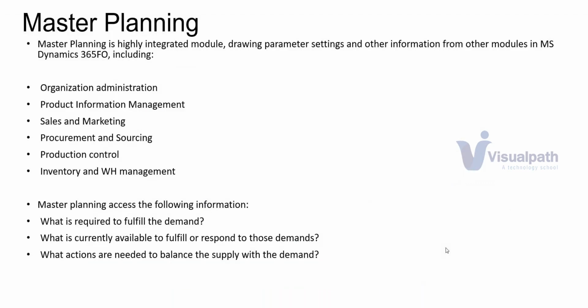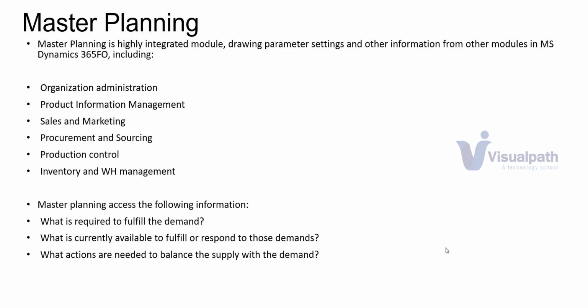With respect to master planning, these are a few modules which are integrated with master planning, and what is currently available depending on the inventory. Master planning is completely dependent on the inventory and the timelines which we provide to the customer, the timeline we get from the vendor to procure an item, the timeline to deliver the product, and the time frame we take to produce an item.